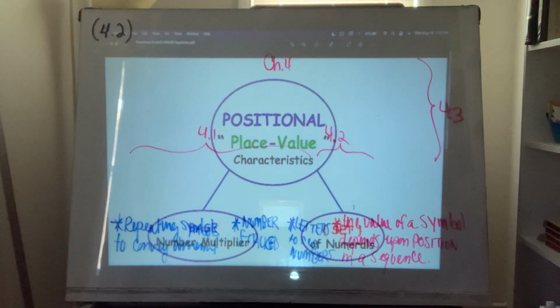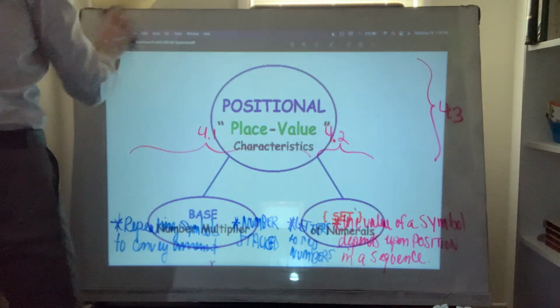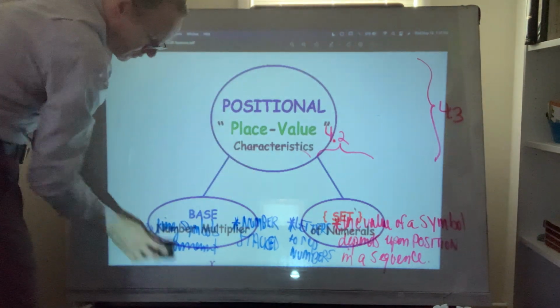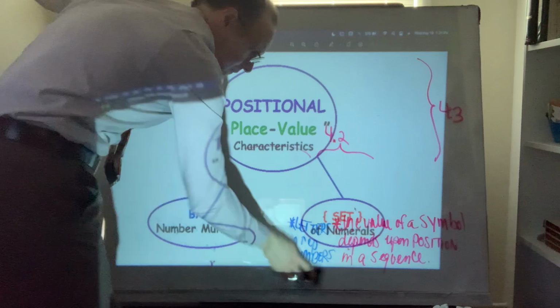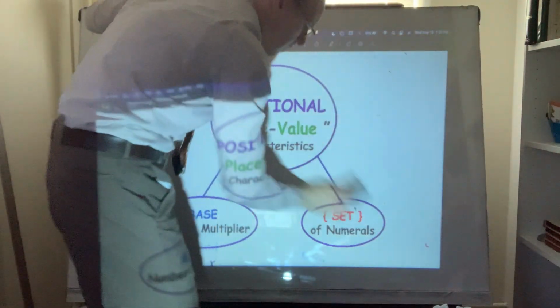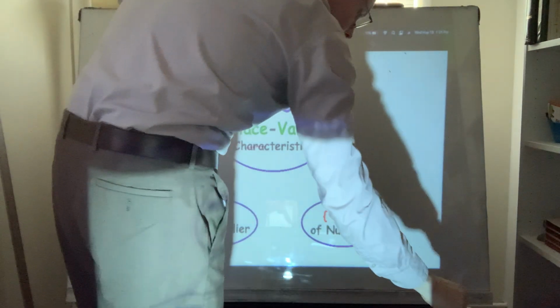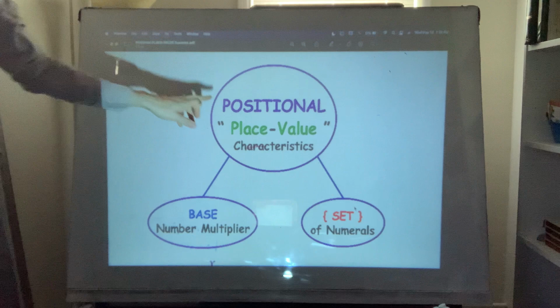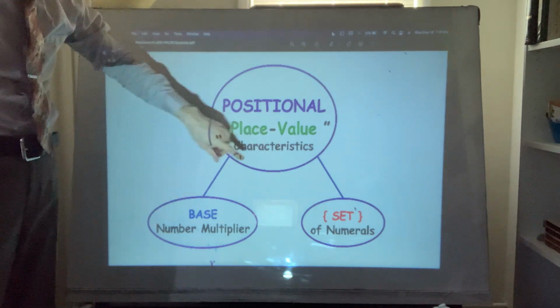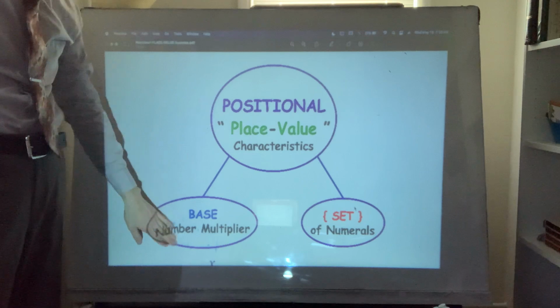Okay. These are positional value systems, positional or place value systems. So, there are 2 key features here. To begin with, a positional or place value system has these 2 characteristics. There is a base number that defines the system.